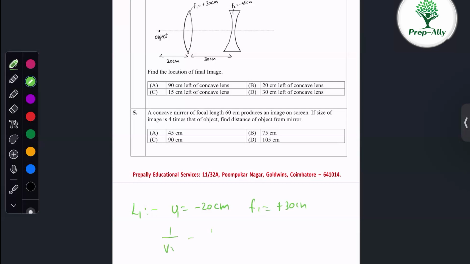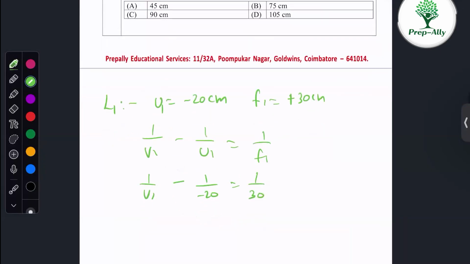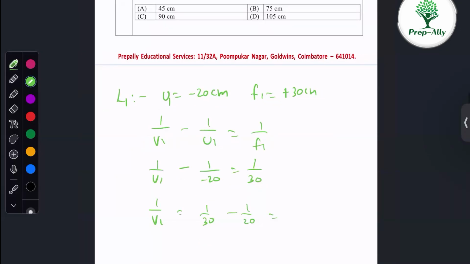Then use 1 by V minus 1 by U is equal to 1 by F. From here we'll get the value of V1 as 1 by 30 minus 1 by 20. So 2 by 60 minus 3 by 60. So V1 we get as minus 60 centimeters.